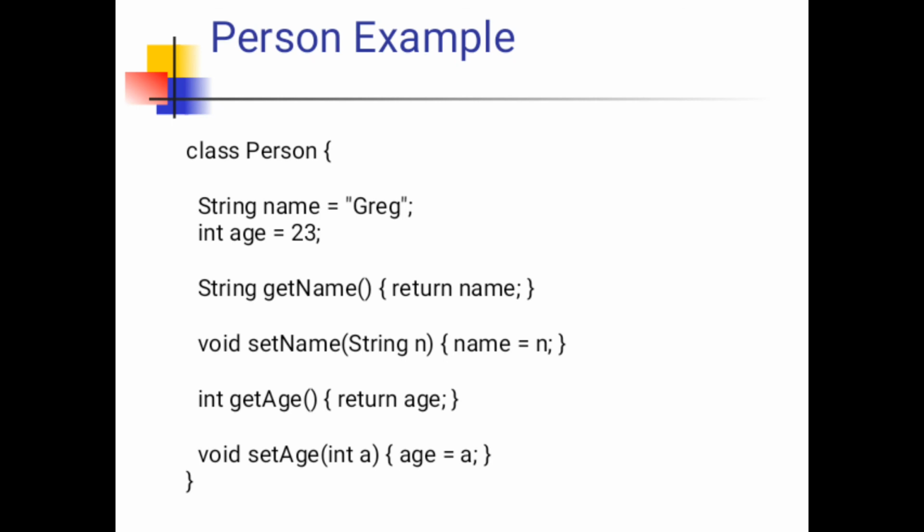Then int getAge is another method to return the age. Void setAge(int a), age is equal to a, which is going to give us the set age. This is a method.